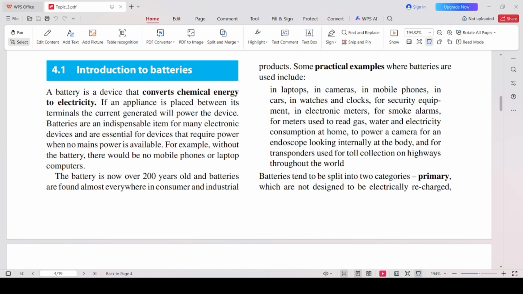So we can talk about where batteries are used. They are used in laptops, in cameras, in mobile phones, in cars and other appliances. Batteries tend to be split into two categories: primary, which are not recharged, and secondary, which are recharged.